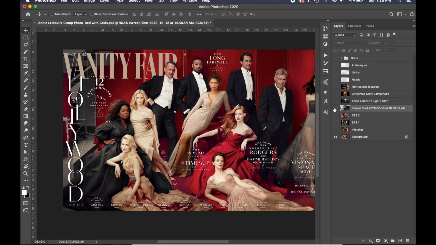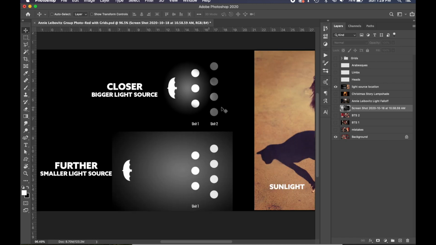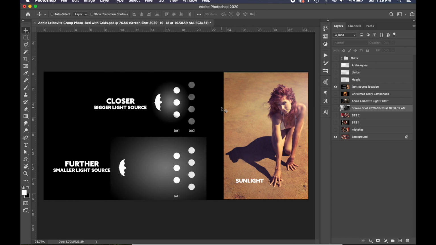If you get further away, like in this example here, so say you're a photographer at a wedding and you want to photograph everybody without making a composite. So what you want to do is move the light source further away, and that makes the light source smaller in order to capture more people. Because if the light source is close, the camera is going to expose properly for these people, but then these people behind are going to be quite dark, okay?